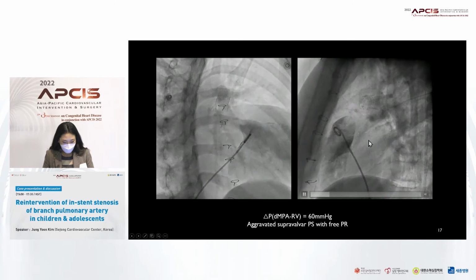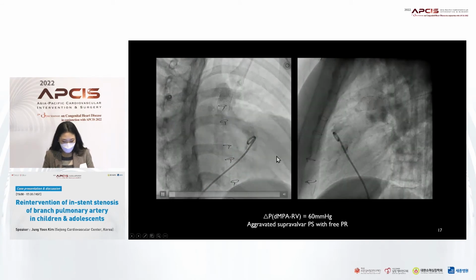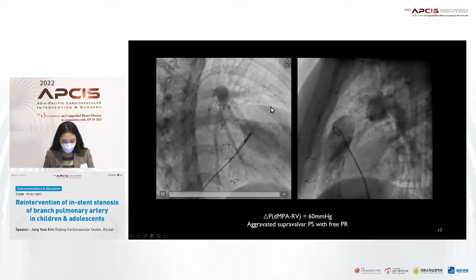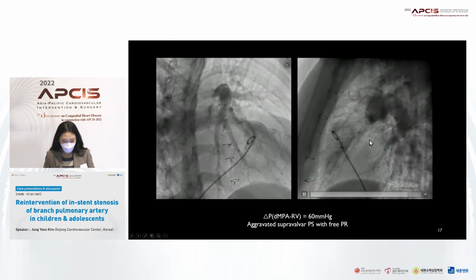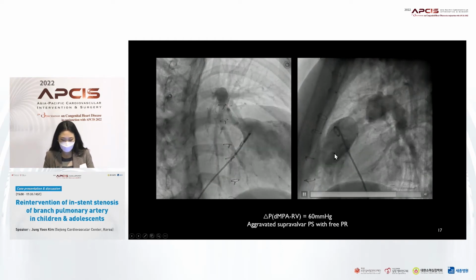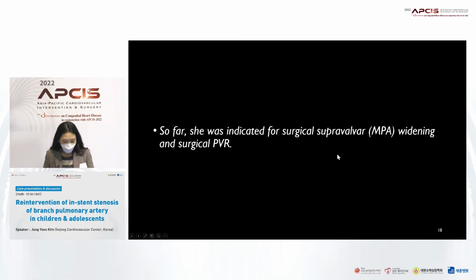The RV angiogram shows aggravated supravalvular PS and free PR. The pressure gradient between distal MPA and RV was 16 millimeter mercury. So far, she is indicated for surgical supravalvular widening and surgical PVR.